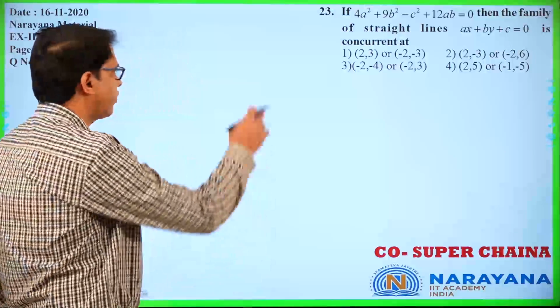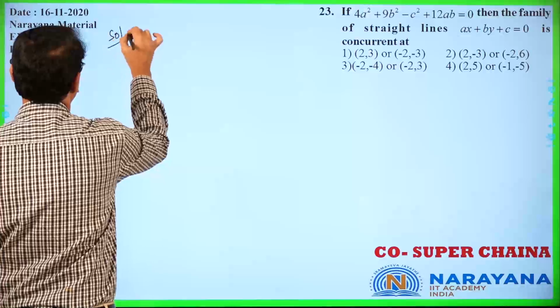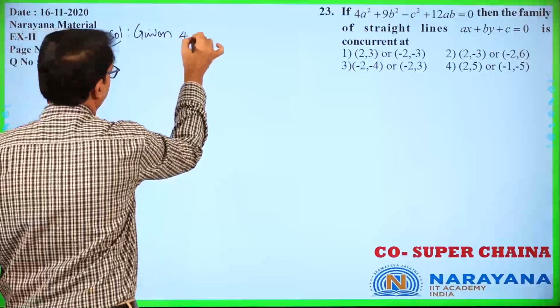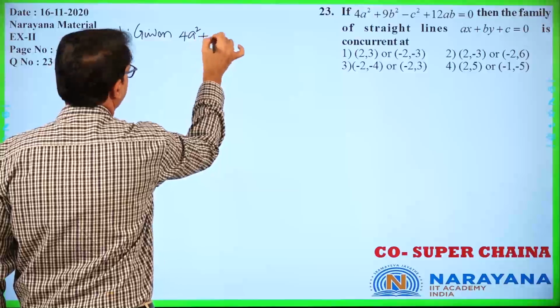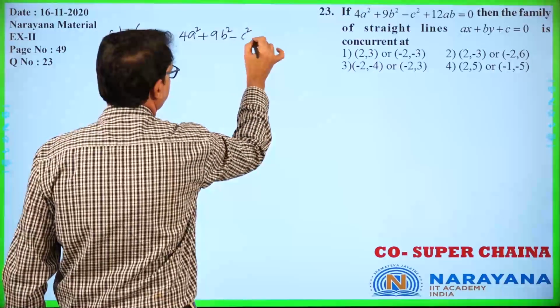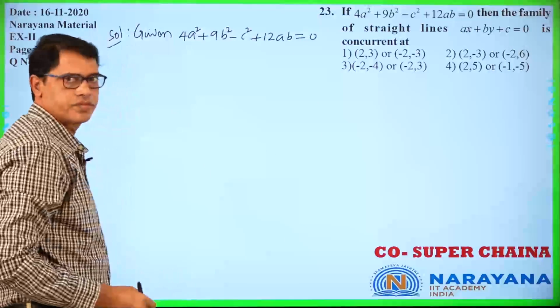So first take the given condition: 4a square plus 9b square minus c square plus 12ab equals 0.